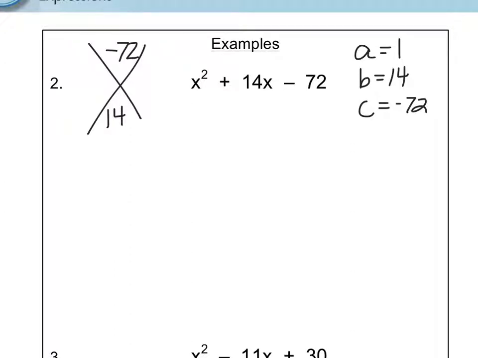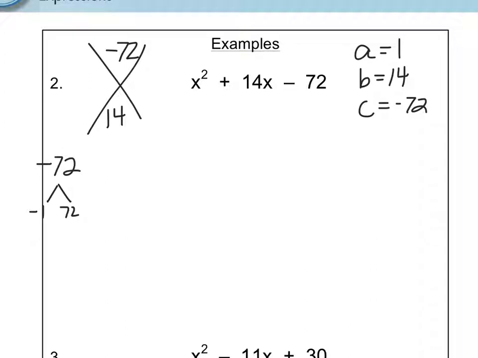Now this one's a little bit more challenging because I've got to end up adding to a positive number but multiplying to a negative number. So with negative 72, one of the two numbers is going to be negative. So I could go negative 1 and 72, but obviously that's not going to add up to 14.